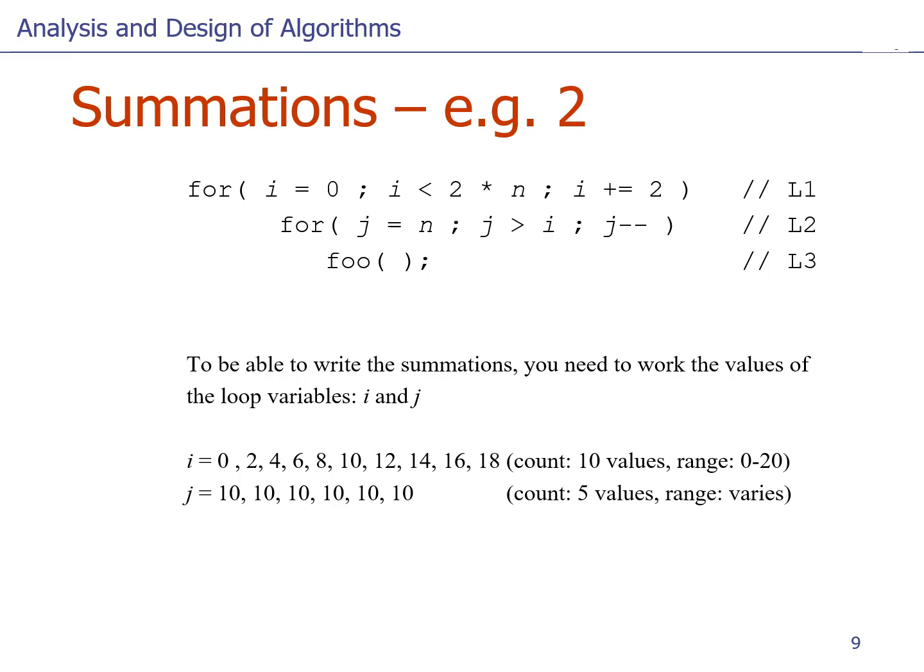That's in the case of n being 10, so it's going to be 5. And the range varies, because one time we will run the inner for loop from 10 to 0, and the next time is going to be from 10 to 2, and then the next time is going to be from 10 to 4, and it goes like this.